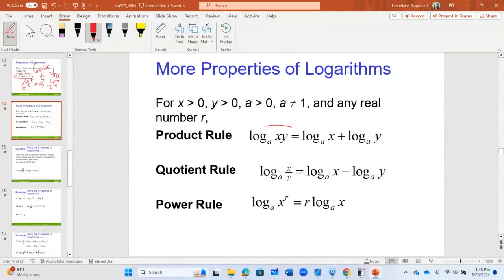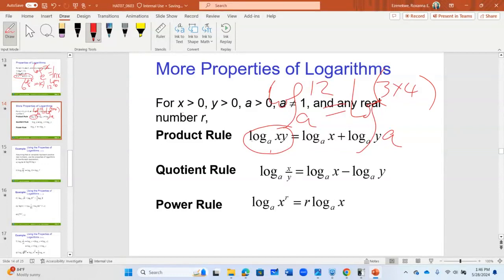For now, suppose I'm talking about 12, and let's talk about base A. Log of 12 to base A, I can rewrite it as log of 3 times 4 to base A. I can say log of 3 to base A plus, since multiplication is addition in logarithm, log of 4 to base A. I can break it into other pieces too.